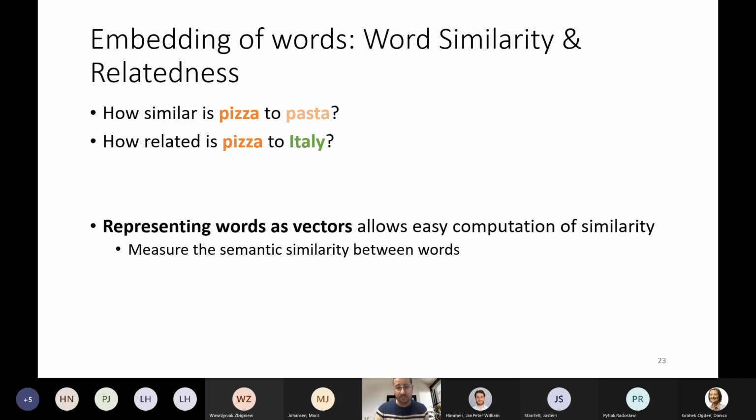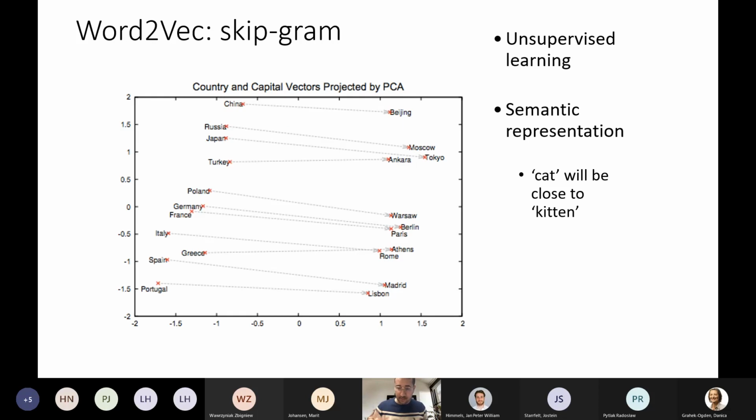For example, how similar pizza is to pasta, how similar pizza is to Italy. And this is based again on embedding. So we take massive amounts of text, and then based on how words co-occur together in the same sentence, we can replace those words with coordinates into, for example, n-dimensional space.